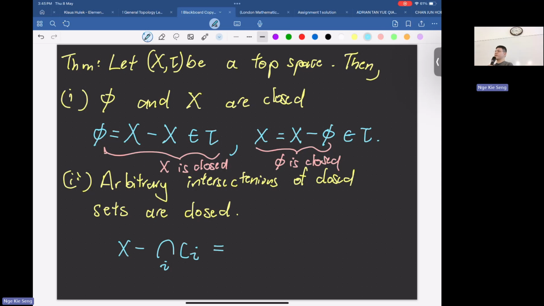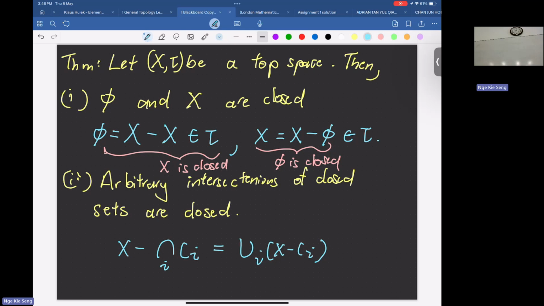How does complement react with intersection? Like De Morgan's law, right? So it becomes a union of complements. But what do we know about C_i? C_i are closed, so the complement is open. But this is an arbitrary union of open sets, which is open.